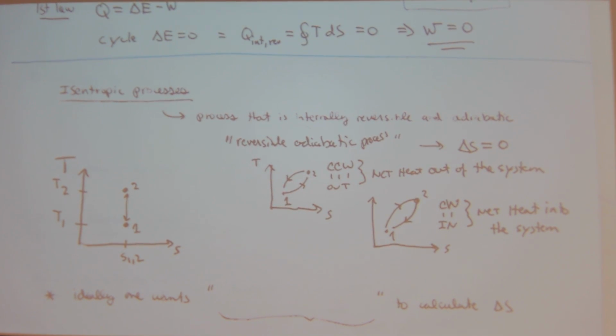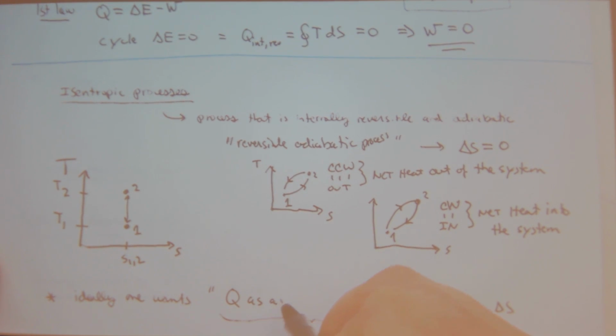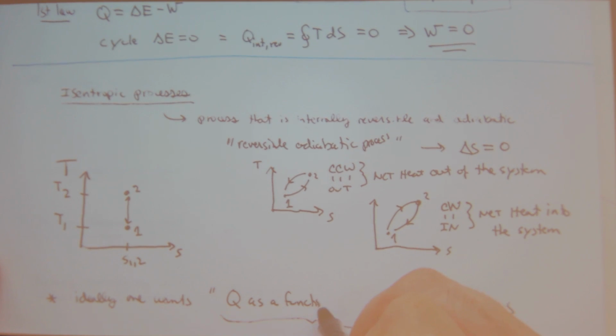So ideally one wants the heat as a function of temperature to calculate delta S, right?